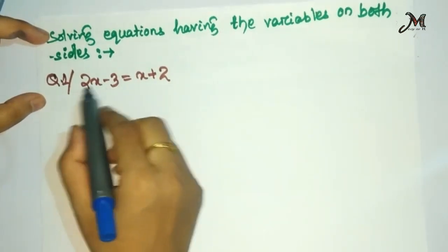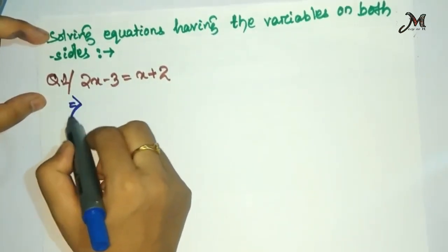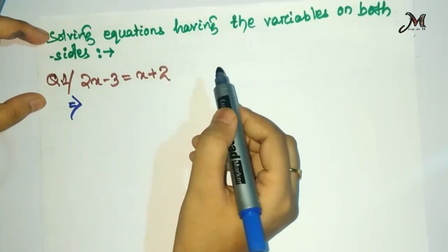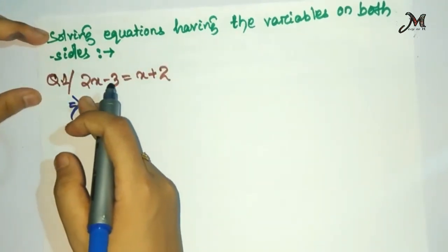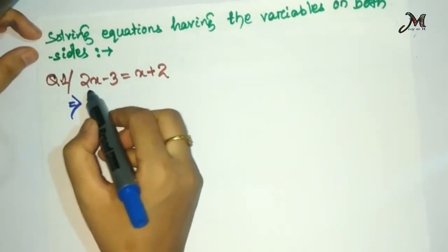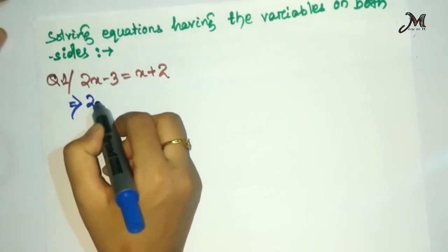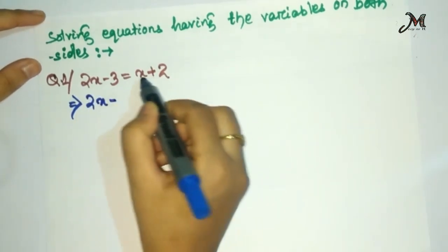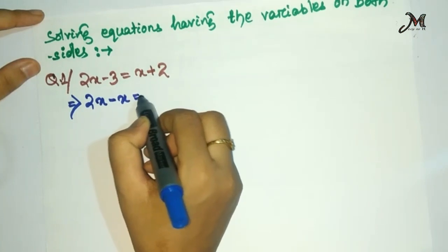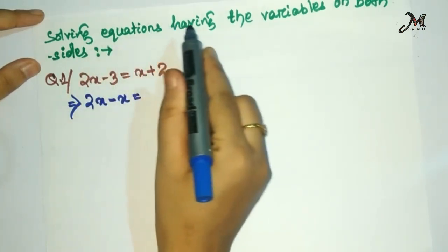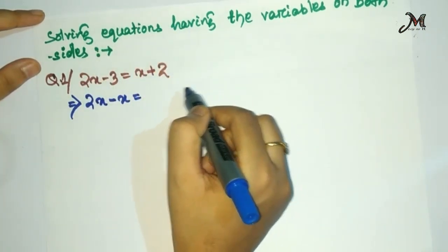Okay, so here see we have x on the right hand side. We'll transpose it to the left hand side first. So we can write 2x minus x is equal to, the constant term will be transposed to the right hand side.